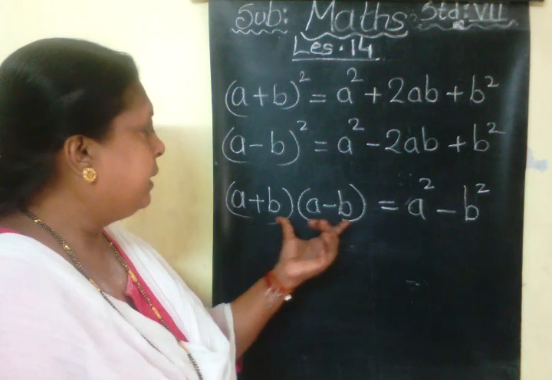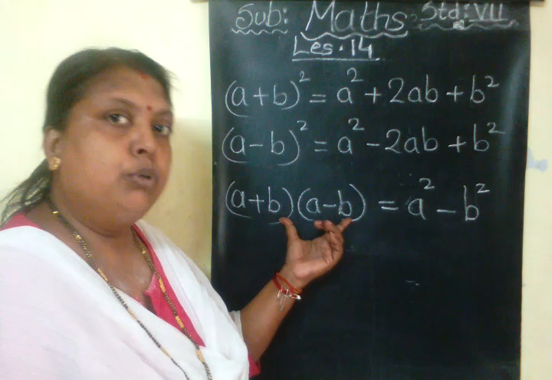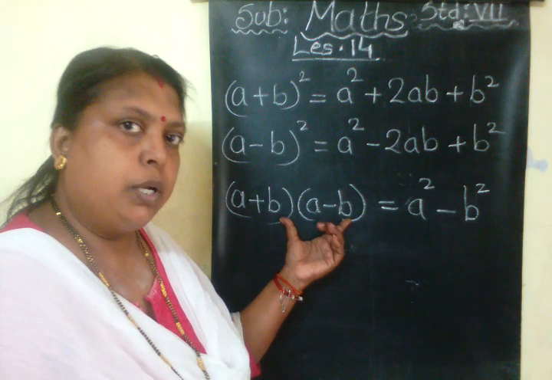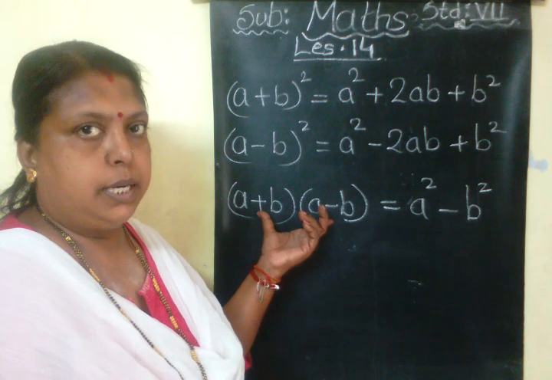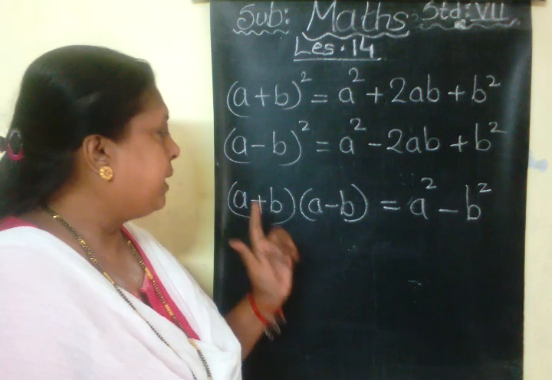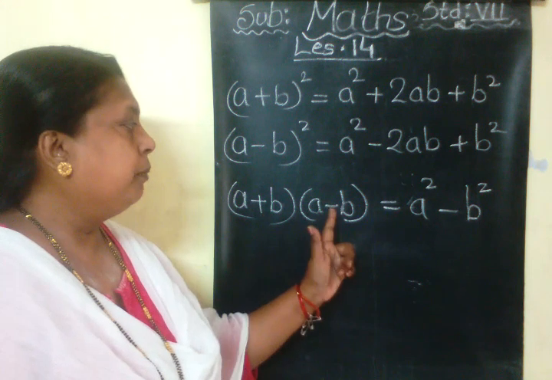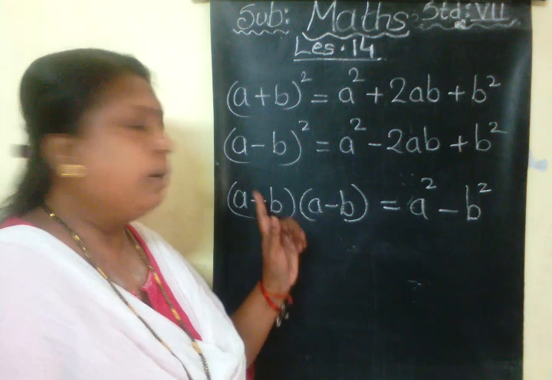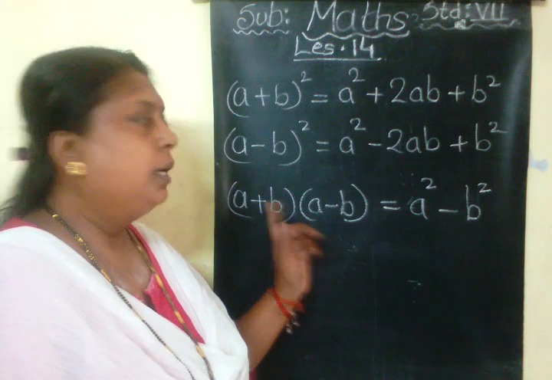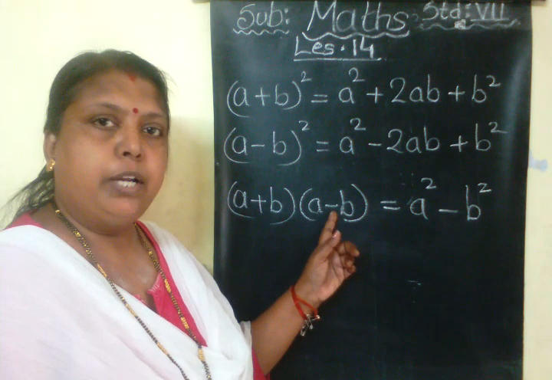First term and the second term of both the brackets must be equal, and the sign must be opposite. That is, one bracket should carry plus sign, the other binomial should carry negative sign in between. One must be a positive binomial, another one must be a negative binomial.